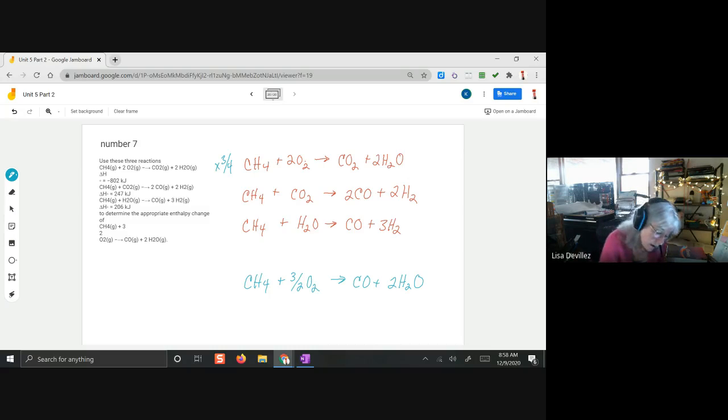That would be 3 halves. Okay. All right, so that's going to get the O2 where it should be.